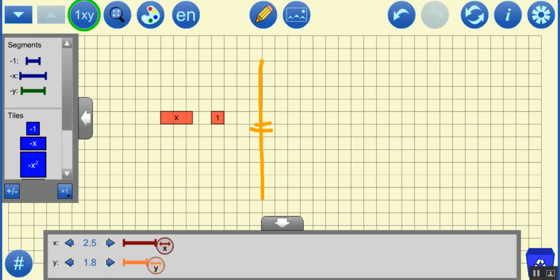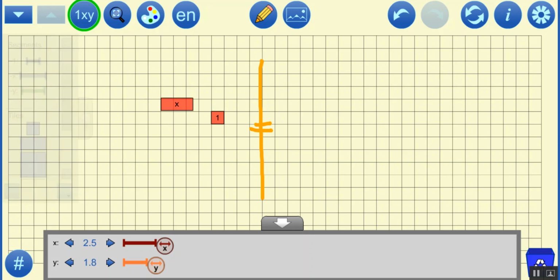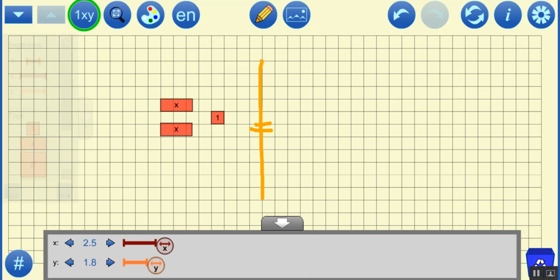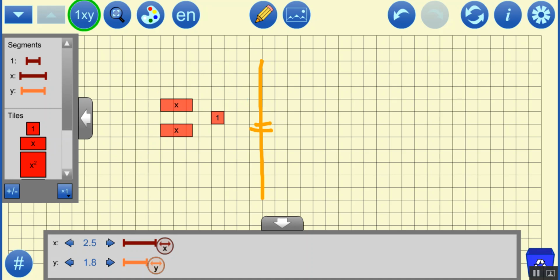Now, I need to set up the 2n plus 4 bit on one side and the 6 on the other. So I'm going to do this. I can have 1n, or it's an x, and then I'm going to have a second n. 2 n's. Yeah? Make sense?